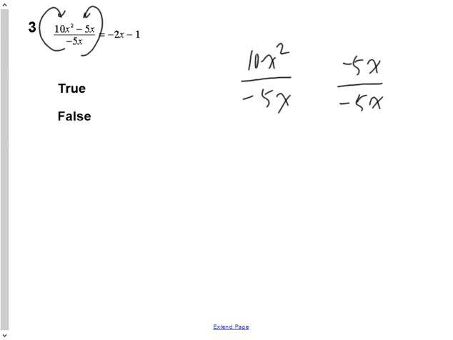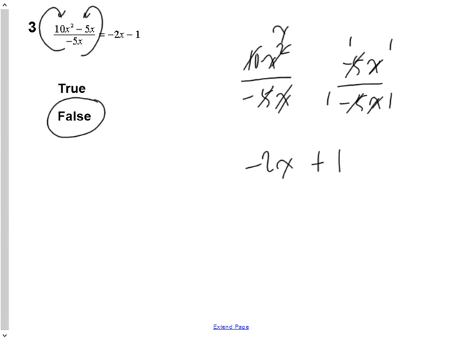When we do that, this is going to give us a negative 2x, and this is going to give us a plus 1. So the answer is false. It does not equal negative 2x minus 1. It equals negative 2x plus 1, because a negative divided by a negative is going to be a positive, not a negative.